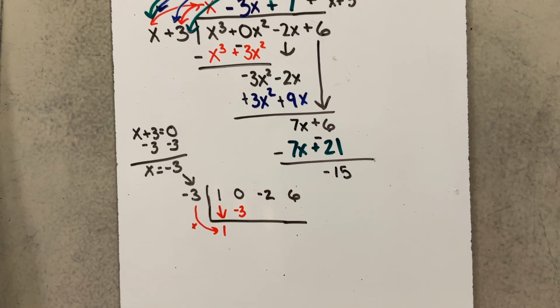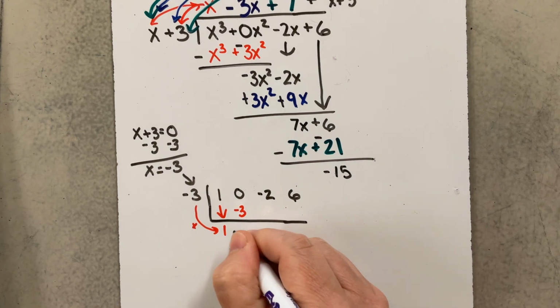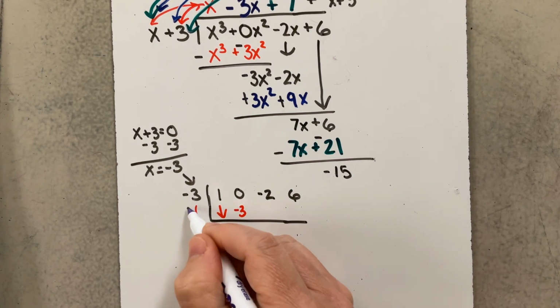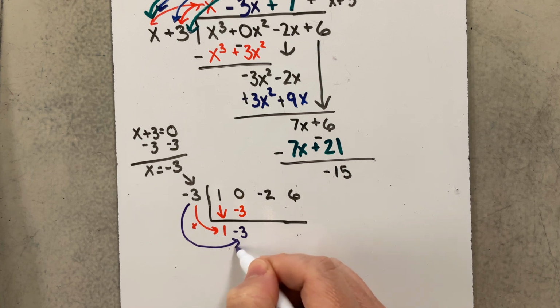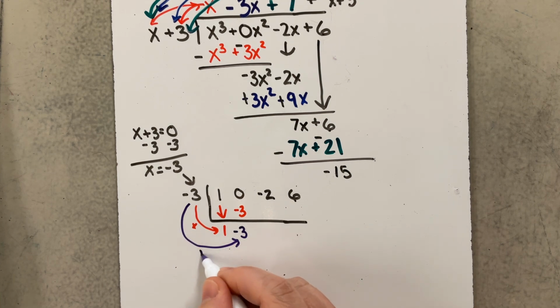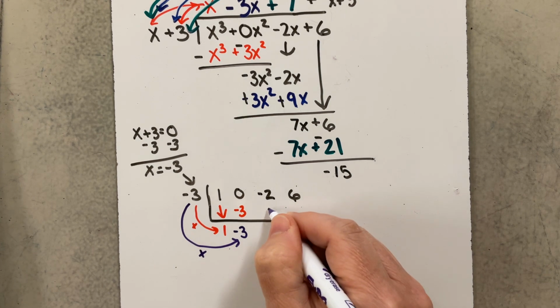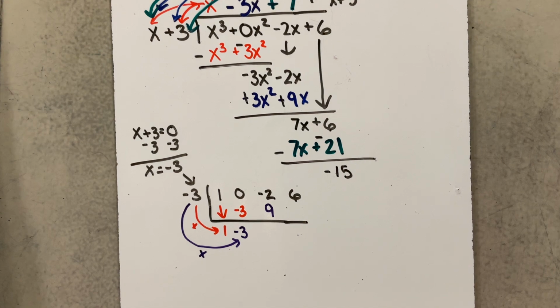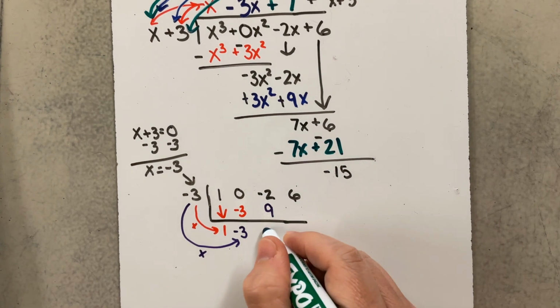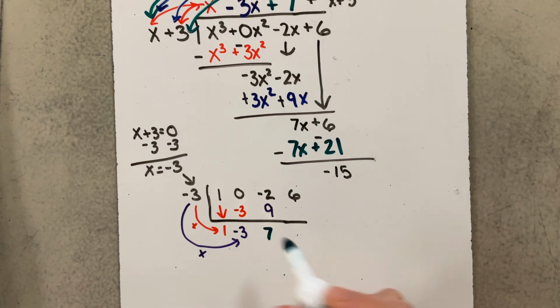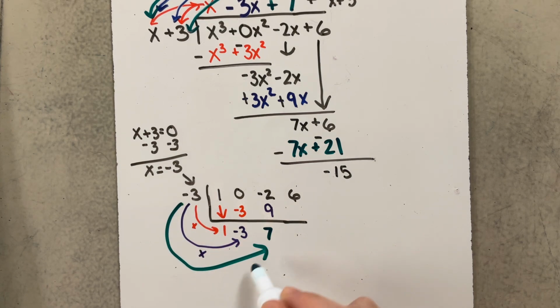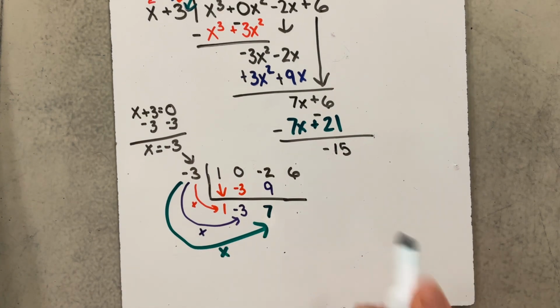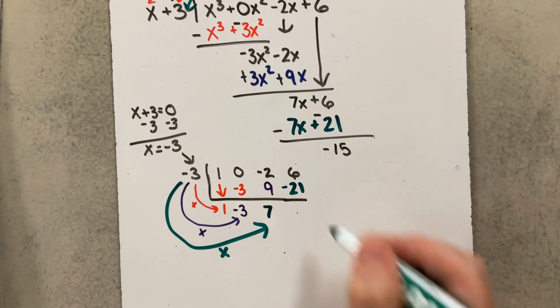Now, we're going to add those numbers, so 0 plus negative 3 is negative 3. But again, we're going to multiply, so negative 3 times negative 3 is a positive 9, so we're going to put that there. Negative 2 plus 9 is 7. Again, we multiply, so negative 3 times 7 is a negative 21.